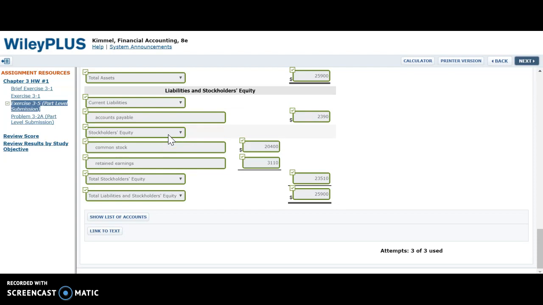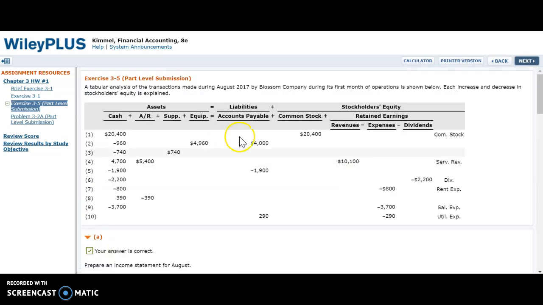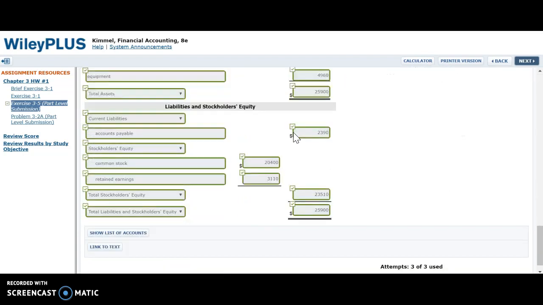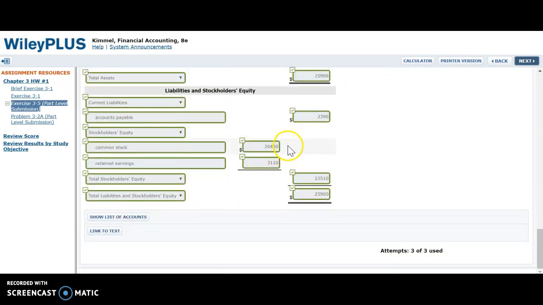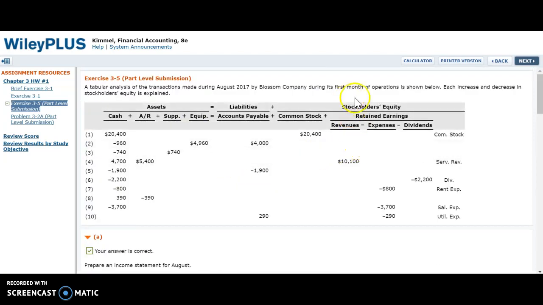Next is stockholders' equity. There's two lines here, and from previous examples, we've learned that there's common stock and retained earnings. Common stock is here, $20,400. Plug that in. And then the retained earnings, a little bit trickier.